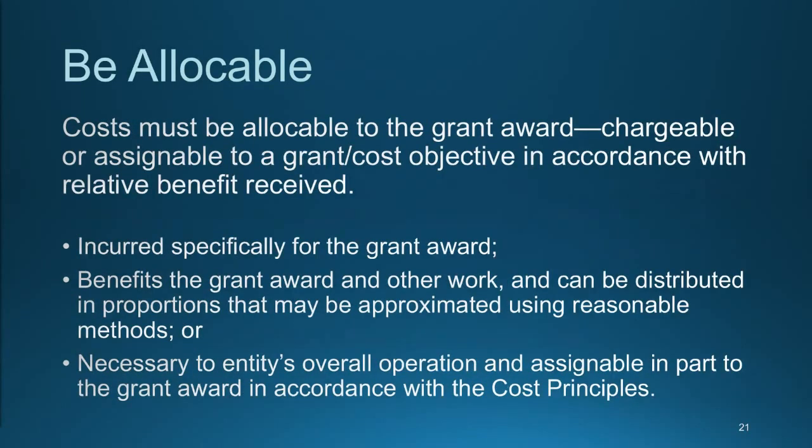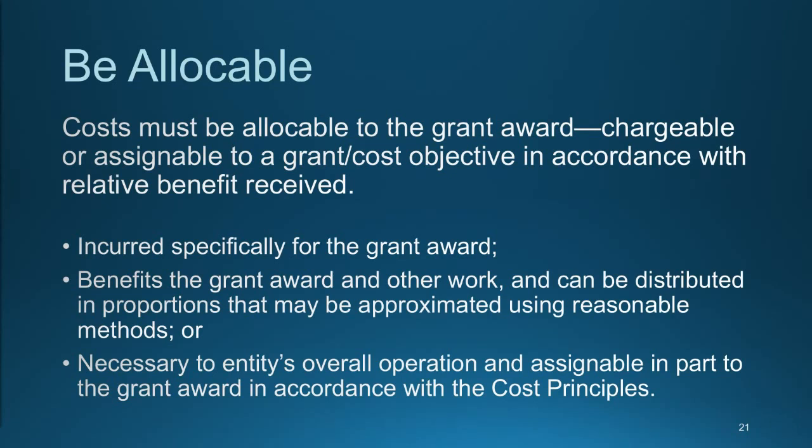Allocable. So necessary, reasonable, allocable, and then the last one we're going to cover in a few slides is adequate documentation. These are the four most frequently cited when we deal with whether a cost is allowable or not. It's not that the other criteria we're going to cover aren't important or are less important; those are just the four that come up most often when we deal with allowable cost questions.